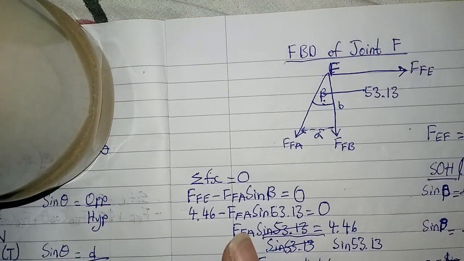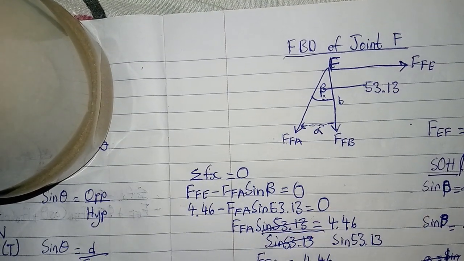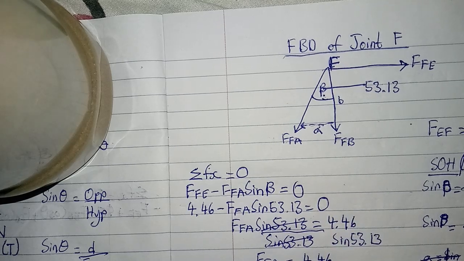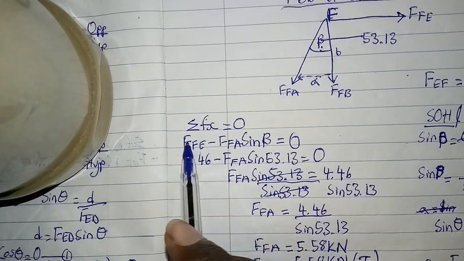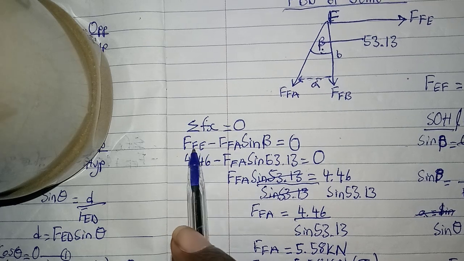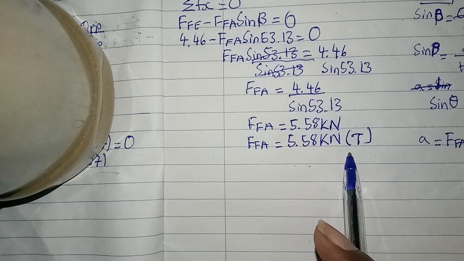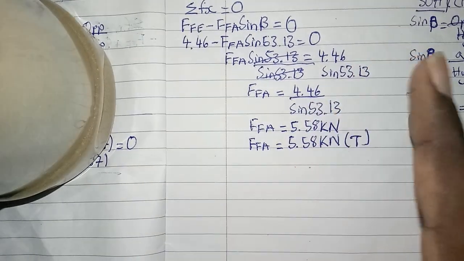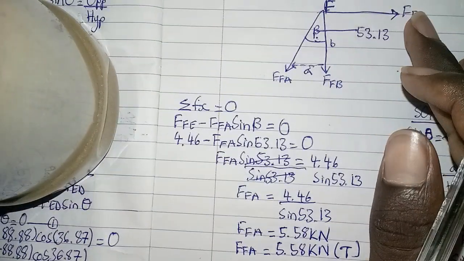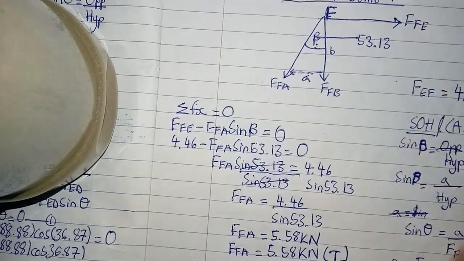So we have taken the sum of forces along the horizontal axis to get this force. Now we are going to take the sum of forces along the vertical axis.